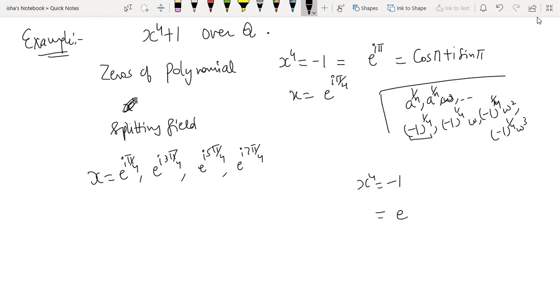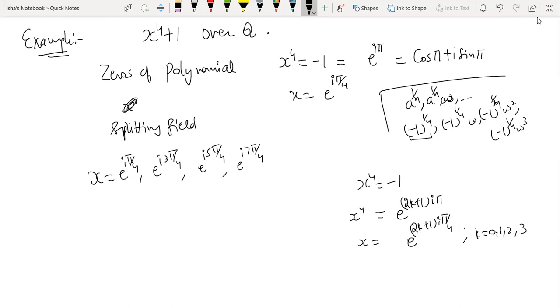So this is actually e raised to power (2k plus 1) i pi, because it should be an odd multiple to make it minus 1. And then it will be (2k plus 1) i pi by 4, where k will take the values 0, 1, 2, 3.